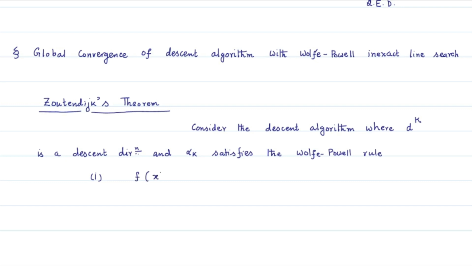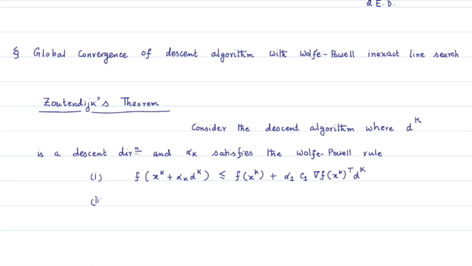that the function value at xk plus alpha k dk is less than or equal to f at xk plus alpha k times some constant c1 in between 0 and half times grad f xk transpose dk.